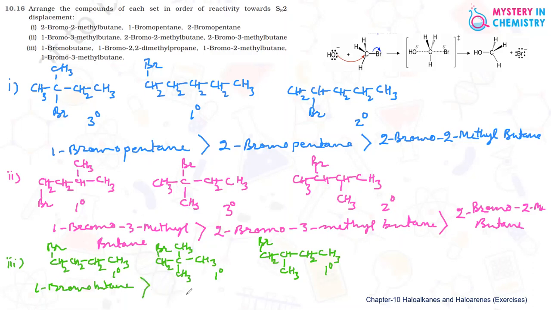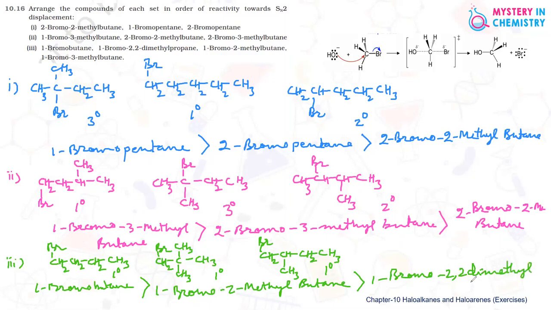And after that it is 1-bromo-2-methyl butane, and the reactivity is minimum in case of 1-bromo-2,2-dimethyl butane.